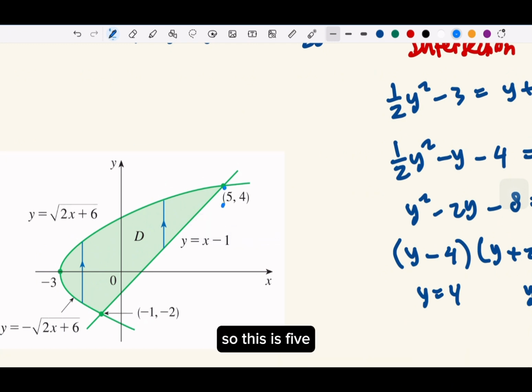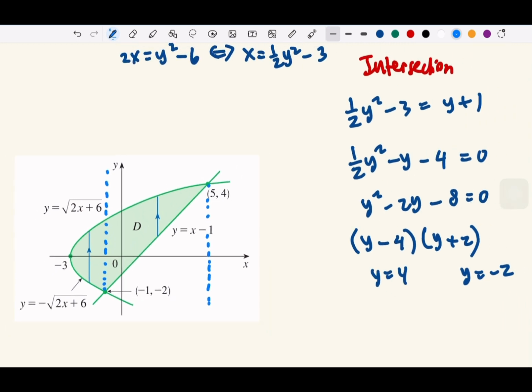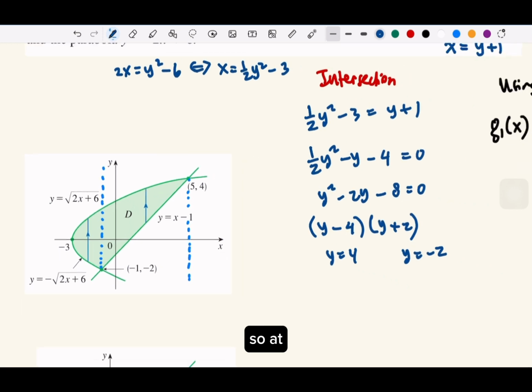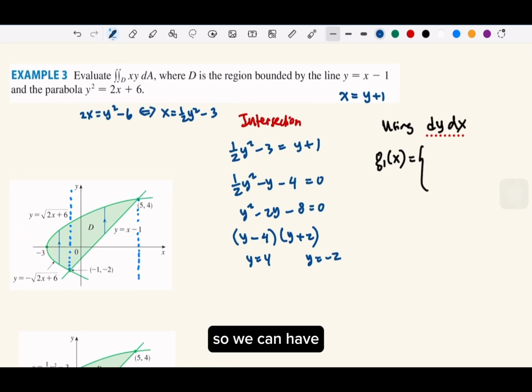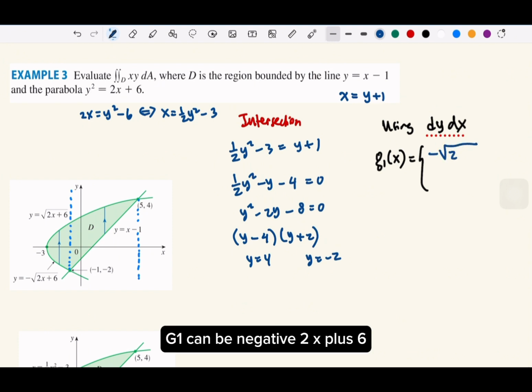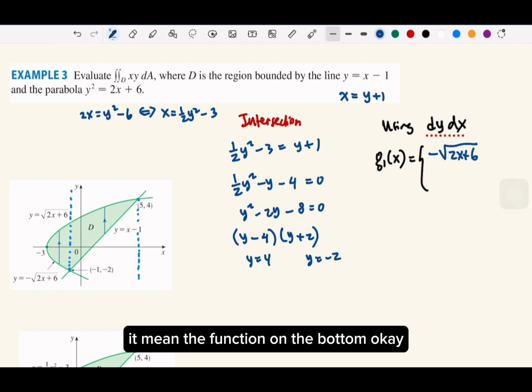So this is 5. And this is 1. Okay. So we can have g1 be negative 2x plus 6. It means the function on the bottom.